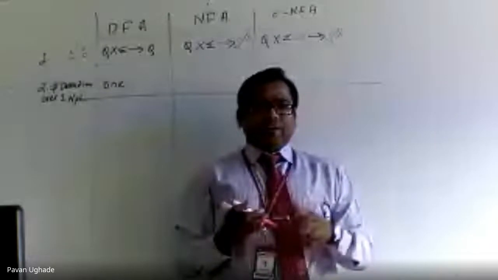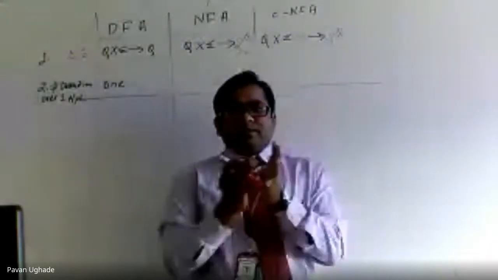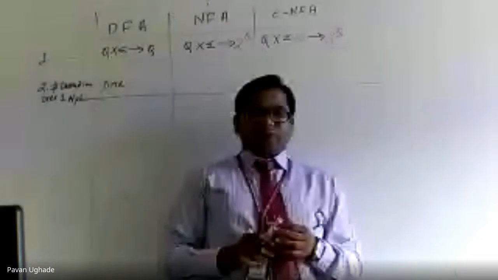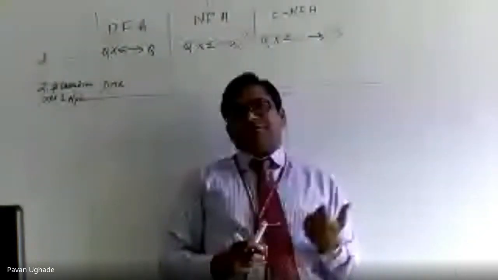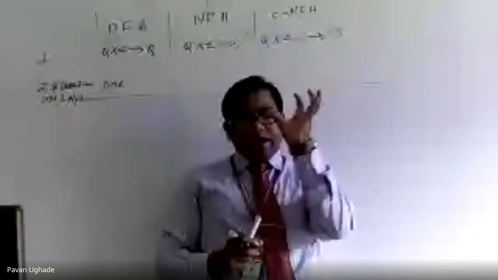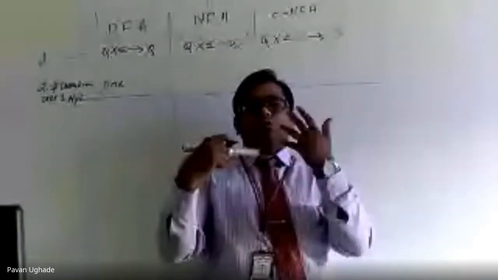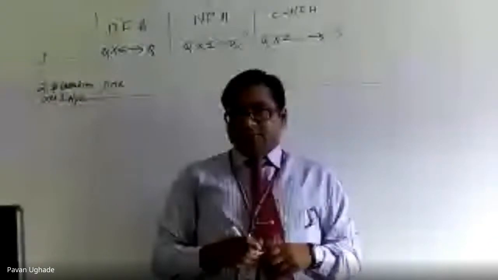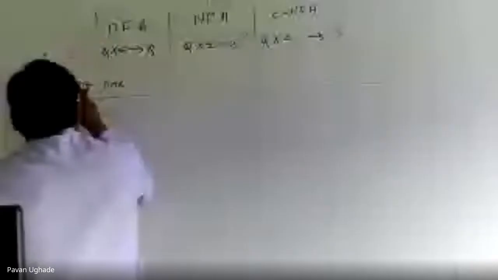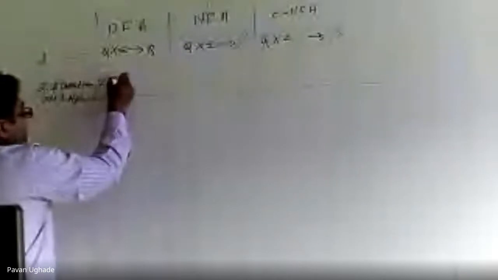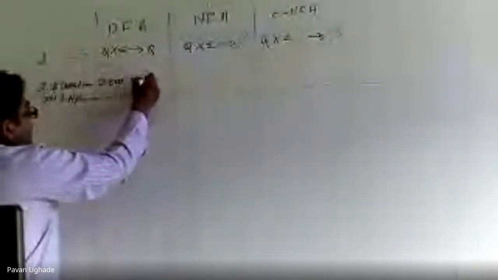Whenever there is a phi, meaning whenever there is no transition, as in the previous examples when we converted the epsilon NFA to DFA, we handle it by adding one more state as a dead state. So the number of transitions will be 1.